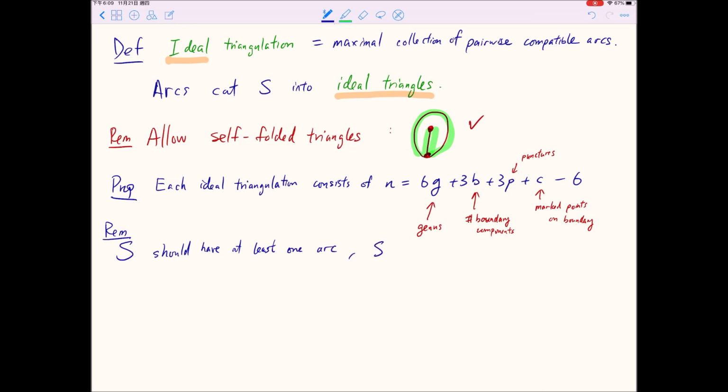So S cannot be the following list in our consideration: a sphere with 0, 1, or 2 punctures, a 1-gon with 0 or 1 puncture, and a 2-gon or 3-gon with no punctures.